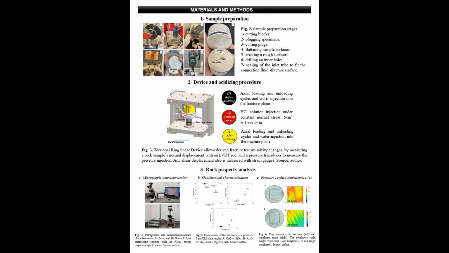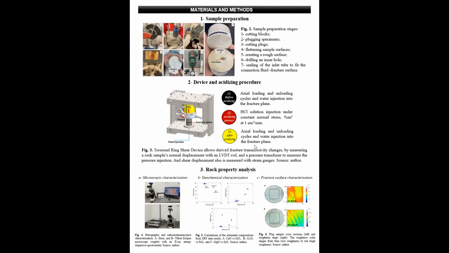To study the roughness of the fracture surface, one pair of plugs was used as a smooth surface and the other as a rough surface, because the contact area between two plugs is considered the fracture plane.